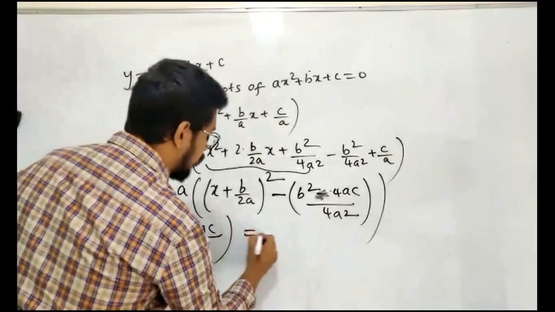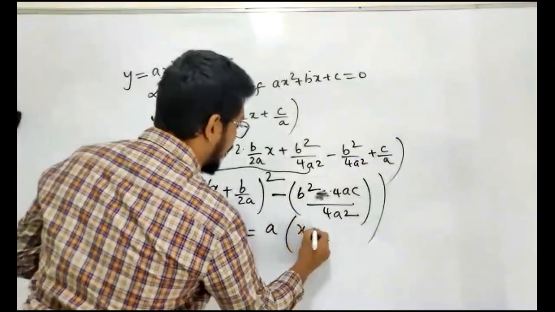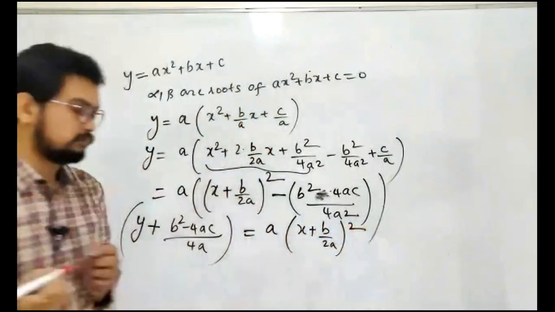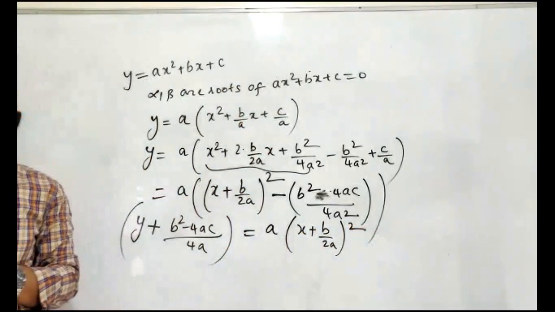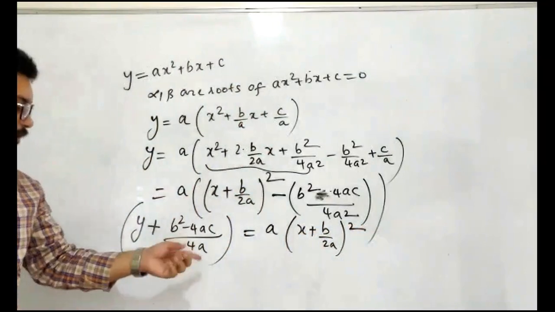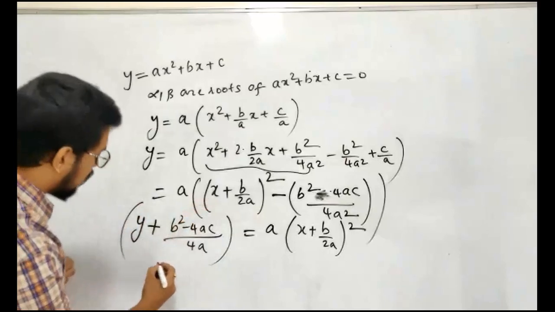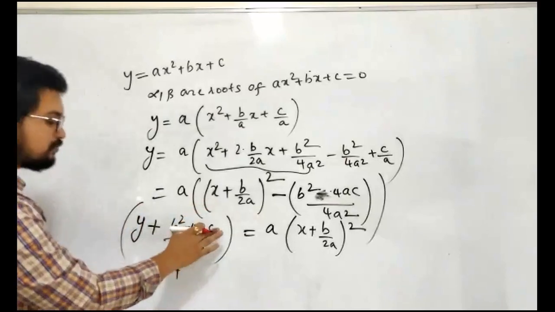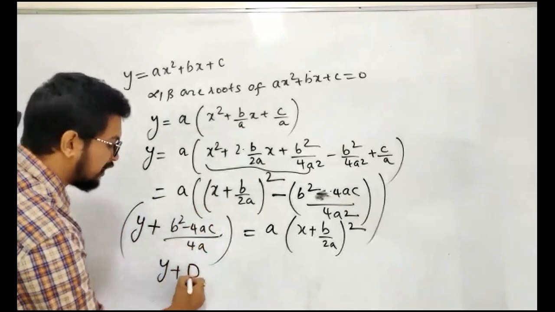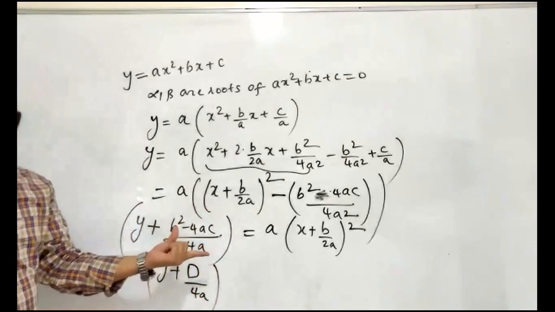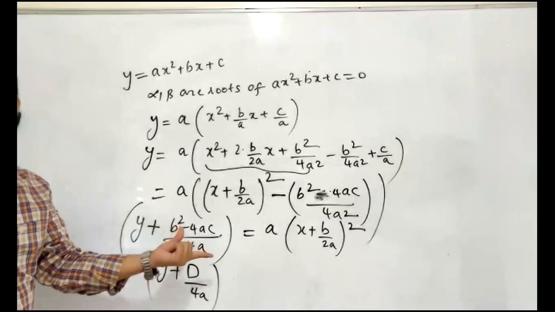This value is what you get as a into x plus b by 2a whole square. What is b square minus 4ac? b square minus 4ac is the discriminant of that quadratic.